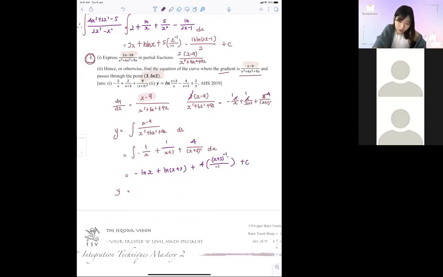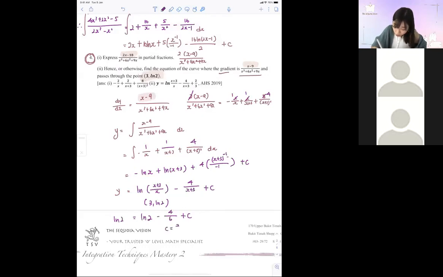Then same thing, this is minus, you can combine. So this is ln of x plus 3 over x, minus 4 over x plus 3, plus c. Now you can sub in: ln 2 equals ln 2 minus 4 over 6 plus c.